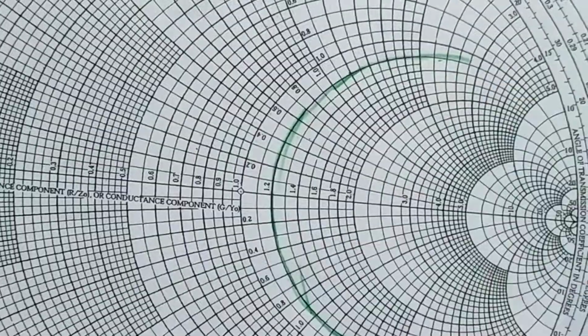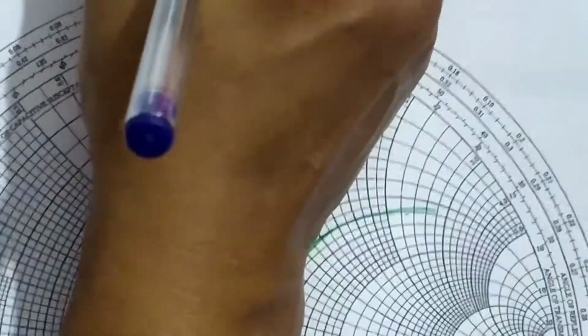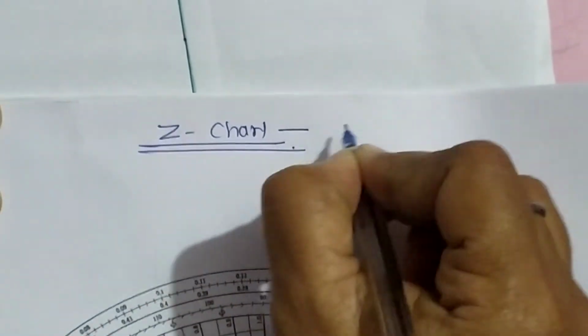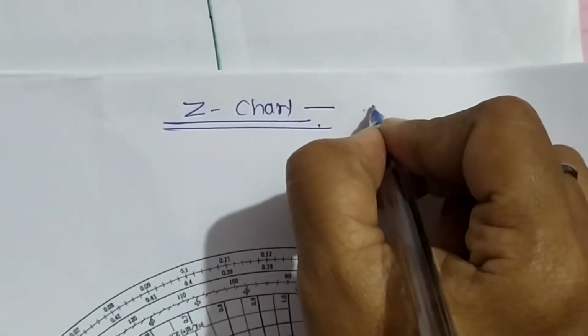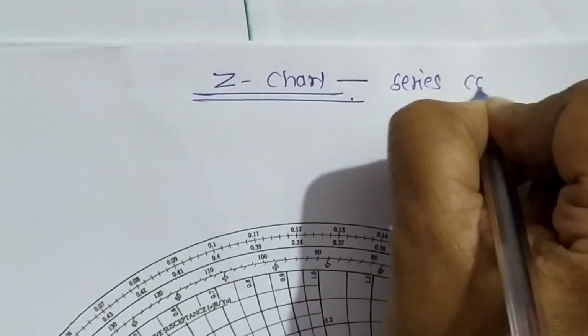This is your Smith chart and I am using the Z chart, as whether it is an open stub or short stub, the connection is a series connection.